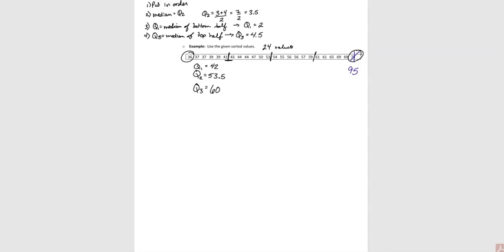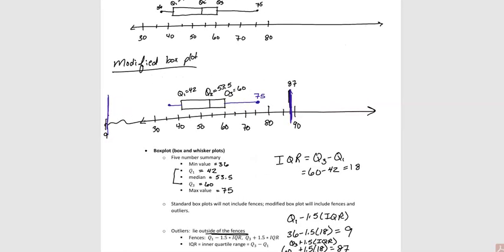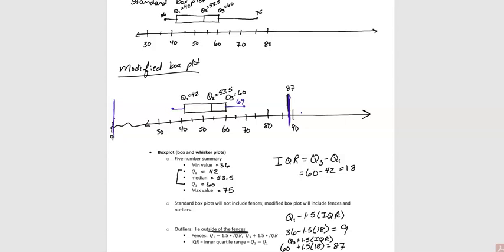Now the largest number inside of that fence would actually be a 69, which means that this whisker would go only out to 69, which would be about right here. And then that bigger value of 95 would be a dot outside.